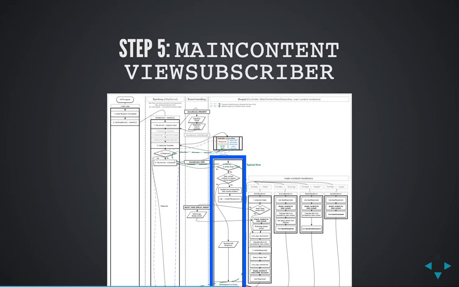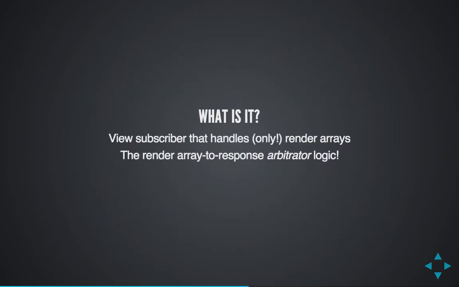It is handled just like any other object that you might want to return, but out of the box we only support the handling of render arrays towards responses. And that's what the main content view subscriber is responsible for. Or rather, it is responsible for choosing how to render it into which kind of response. So it's an arbitrator again, and as the slide says, it only renders render arrays, nothing else.